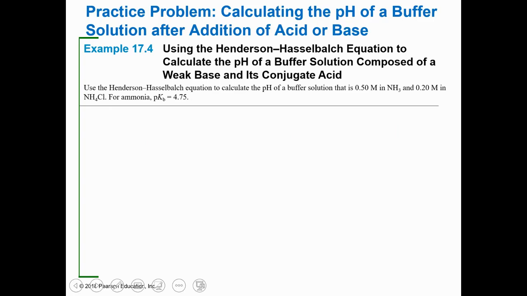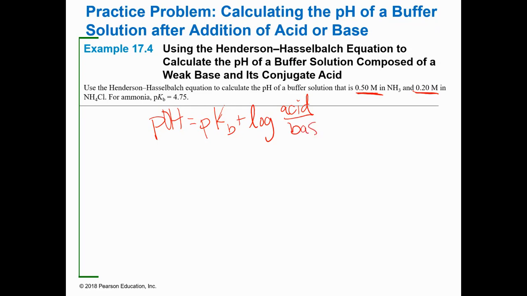Okay, so this one gave me the pKb, and it gave us our base and our acid. So remember, it's pOH equal to pKb plus log of, this one is acid over base. So I've got pOH equal to 4.75 plus log 0.2 over 0.5.